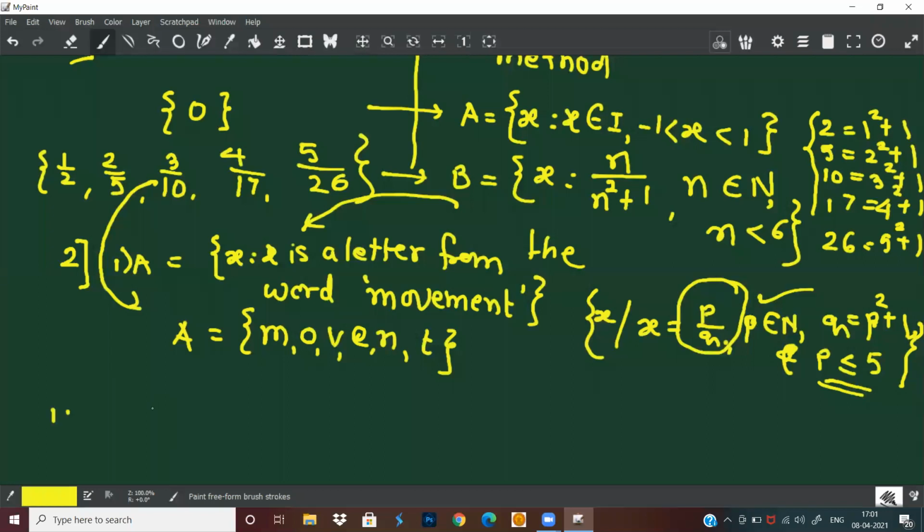Again, I'm giving you set and set builder. Lohit, you will have to write in the set form.